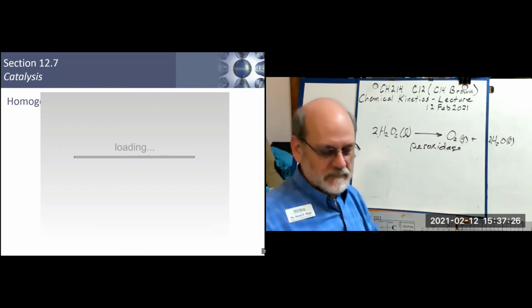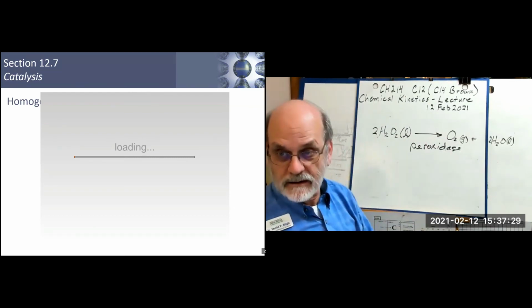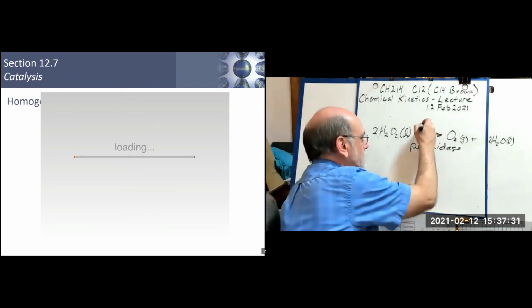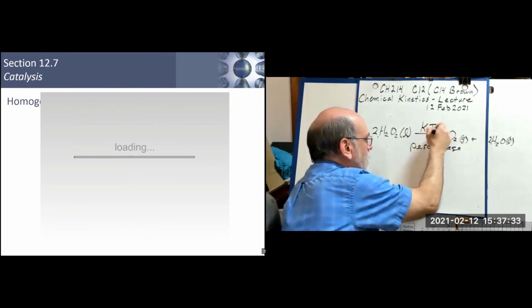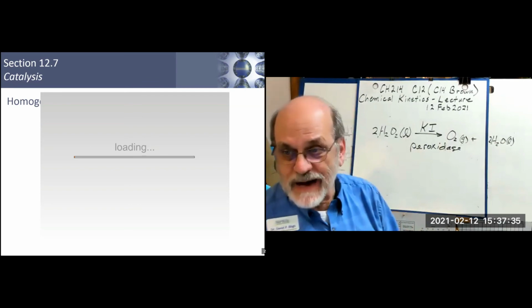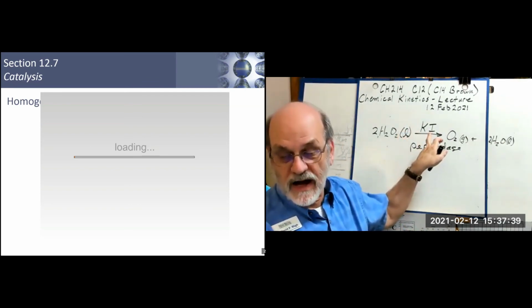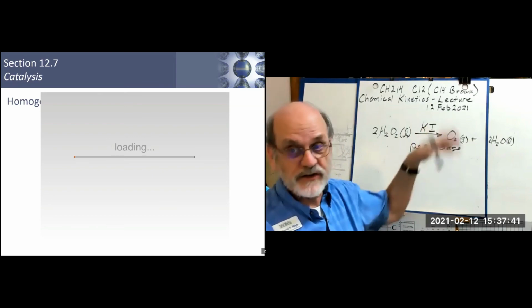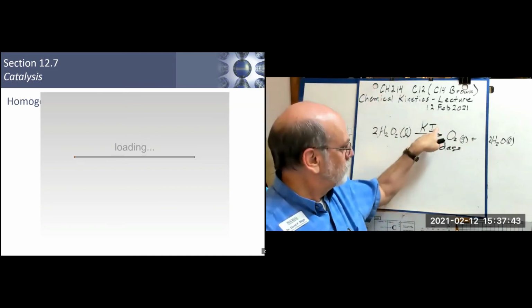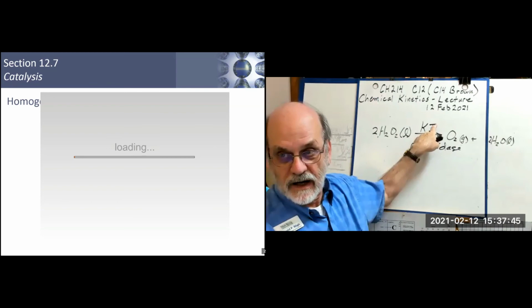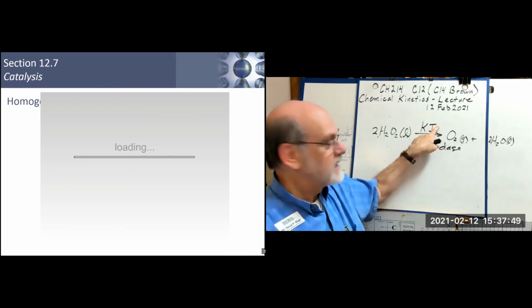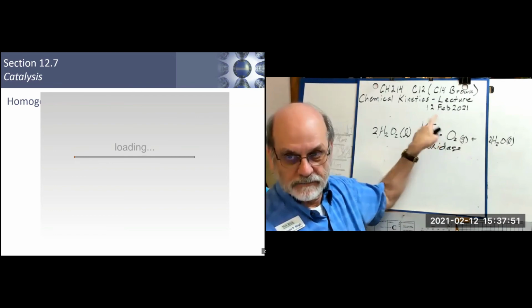The chemical way is to use potassium iodide. Now, the potassium is a spectator ion. When it goes into solution, potassium just sits there and watches. The real business of catalysis is from the iodide ion.